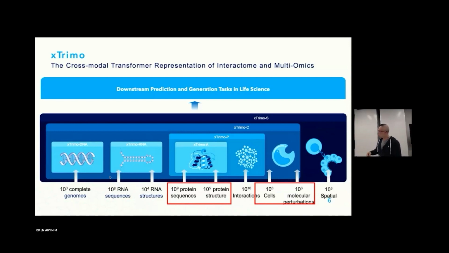For instance, if you look at the protein sequence data out there, there are already billions of protein sequences. Thanks to the increasing efficiency and reduced costs of sequencing, many proteins can be obtained by just taking some sample and sequencing it. You discover new proteins, right?